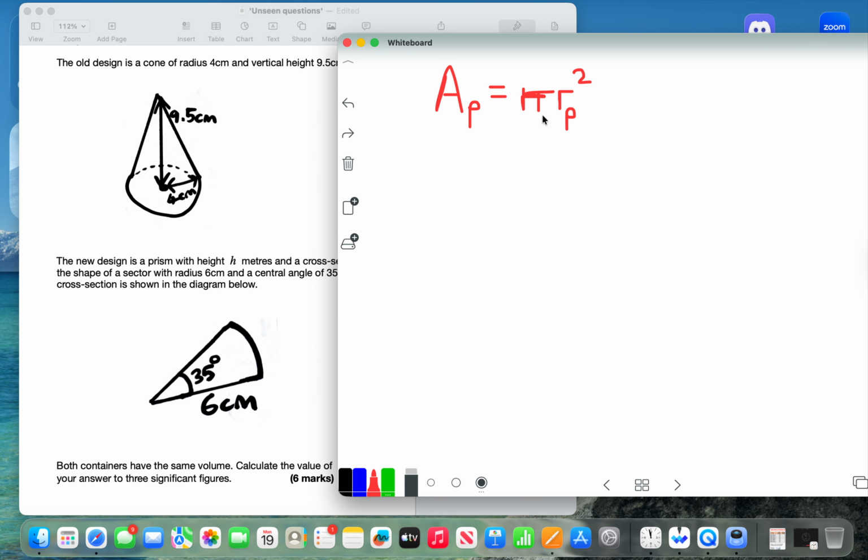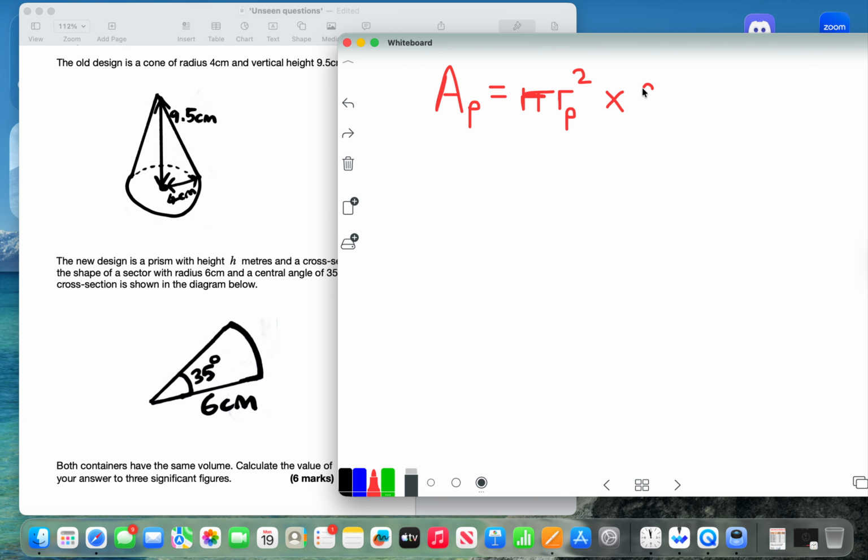We don't have to put a P below the pi because pi is a constant. It's always going to equal the exact same thing, 3.14, and so on. Then we want to multiply that by the fraction of the circle that we have.